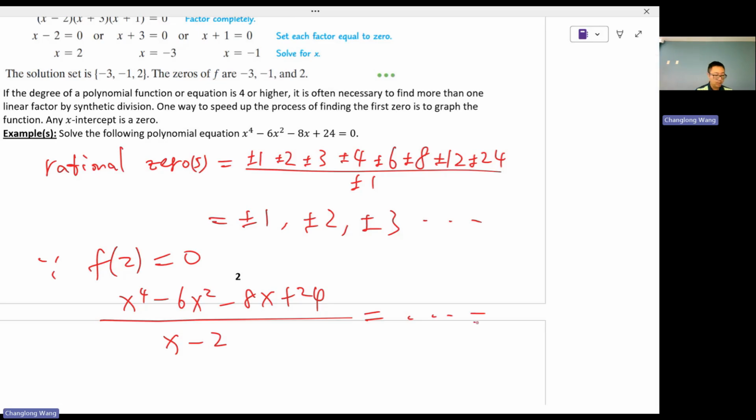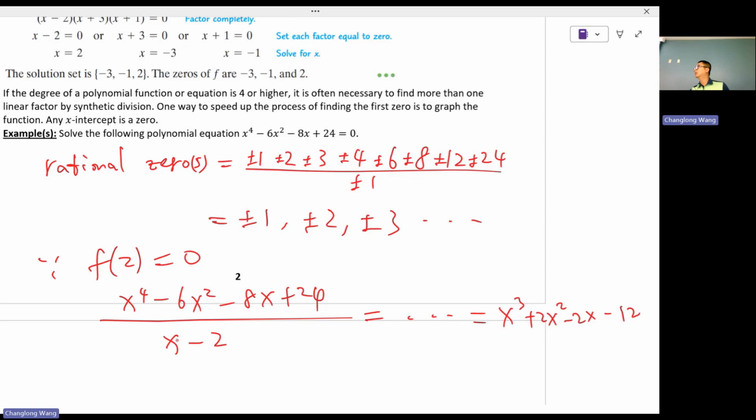So after synthetic division, you will figure that it will be a cubic polynomial, x to the 3rd plus 2x squared minus 2x minus 12. Okay, so that's the quotient. No remainder because it's guaranteed to be a 0.